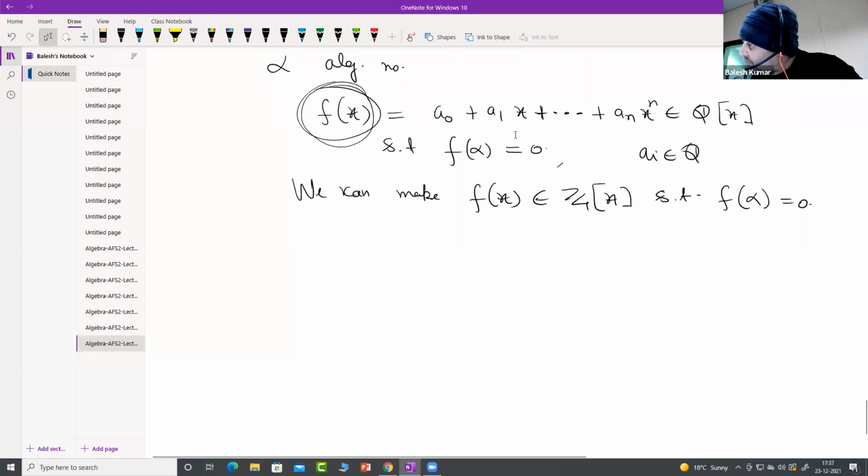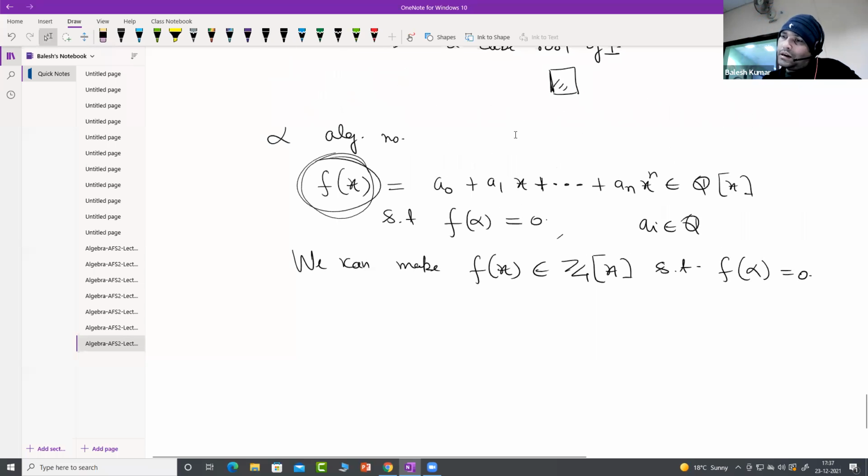And what the definition differs from algebraic numbers to algebraic integers is that one needs to normalize this leading coefficient.